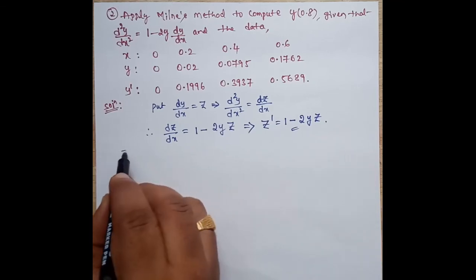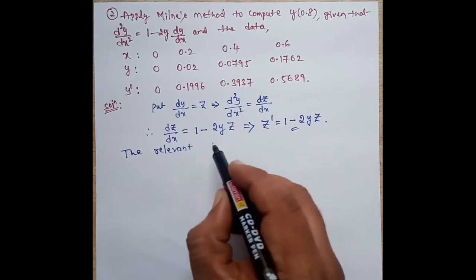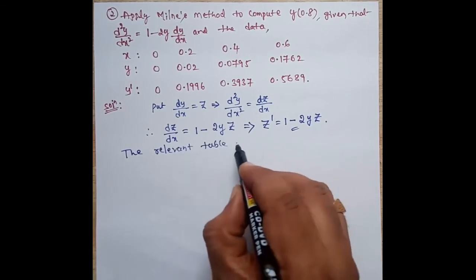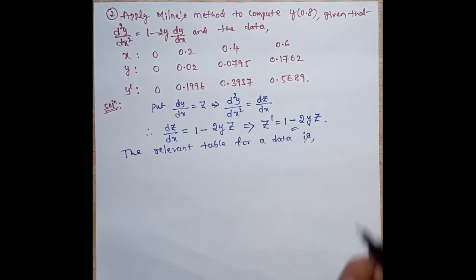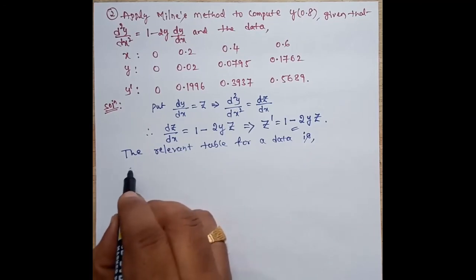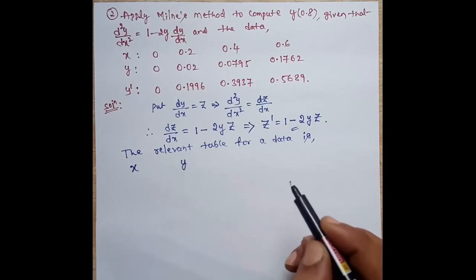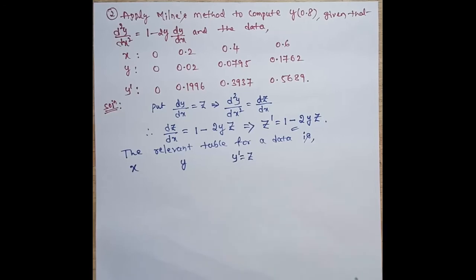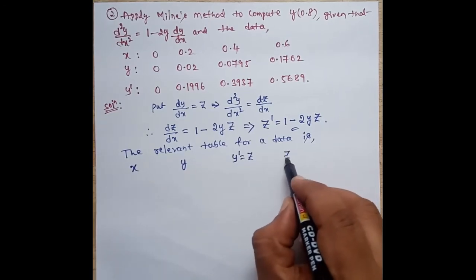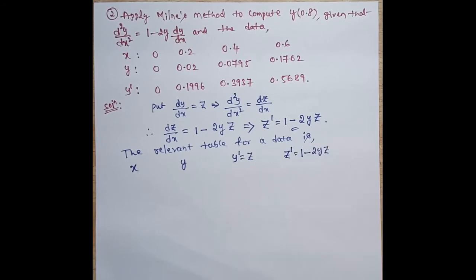The data table should contain x values first, then y values, then y dash, which is z, and finally z dash, and z dash is 1 minus 2yz. I'm writing the z dash expression.